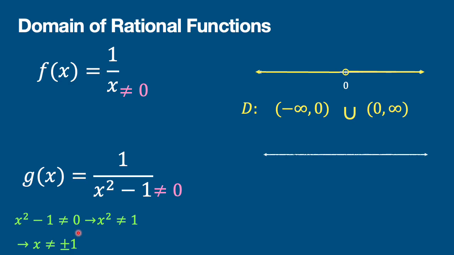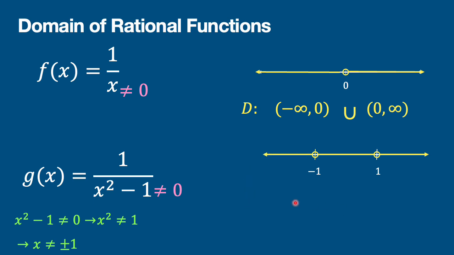So draw the number line here, guys. Make sure negative 1 and 1 are excluded. Excluded means you draw the hole at each value. So except x equals negative 1 and x equals 1, you draw the line right here. Here is x greater than 1 up to infinity, between negative 1 and 1, and x less than negative 1.